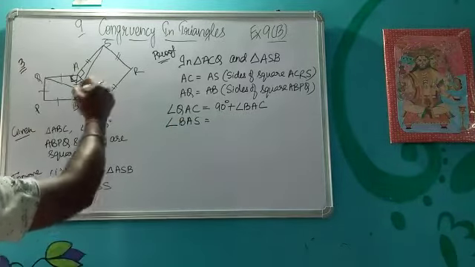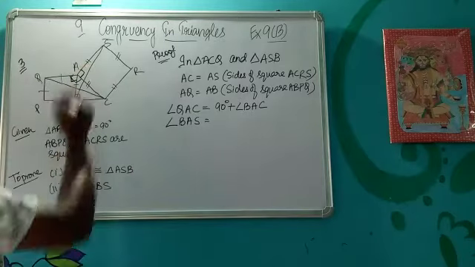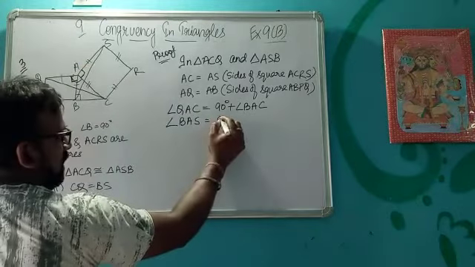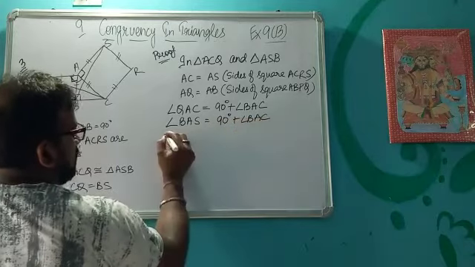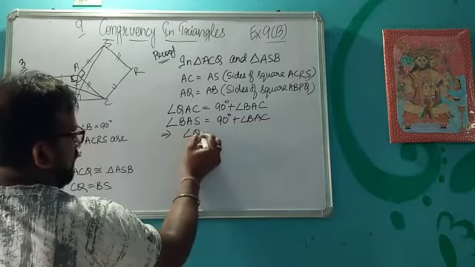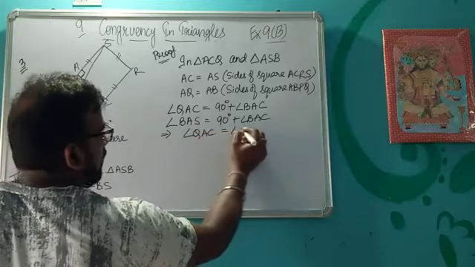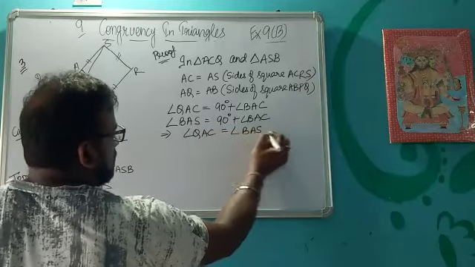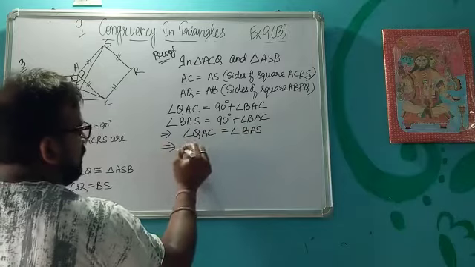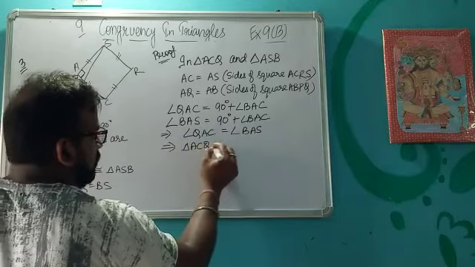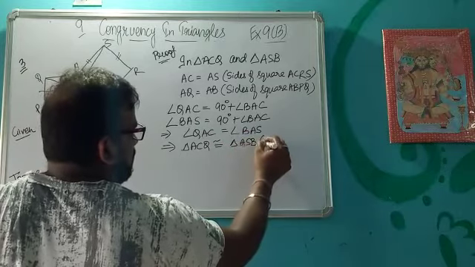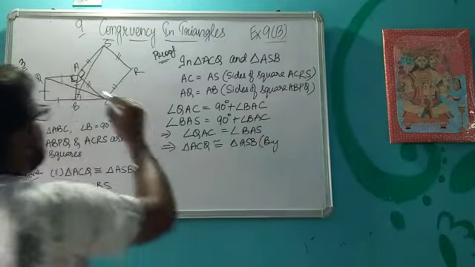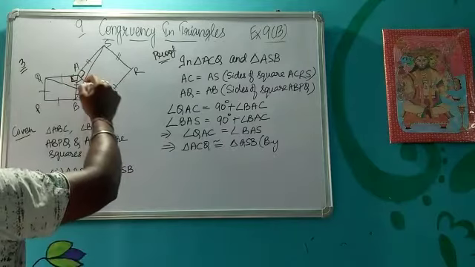If we see angle BAS, again this is 90 degrees because it was a square, plus angle BAC. So that means angle QAC is equal to angle BAS. So that will give me triangle ACQ is congruent to triangle ASB by the same criteria, side, angle and side.